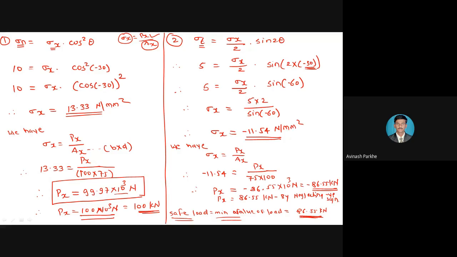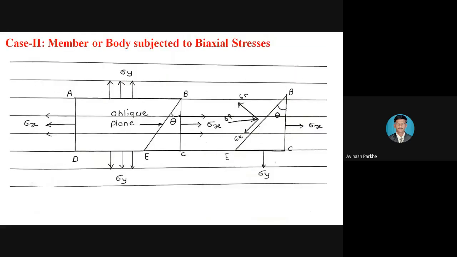Okay, so these are the problems based on case number 1, where the member or body is subjected to the uniaxial force or uniaxial stress, meaning the force or stress is applied in the x direction only. Okay, so this is case number 1. Now we'll take case number 2.